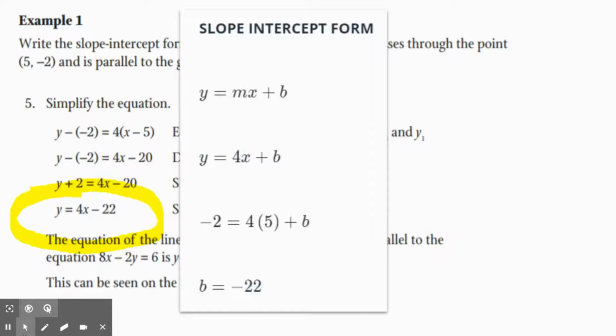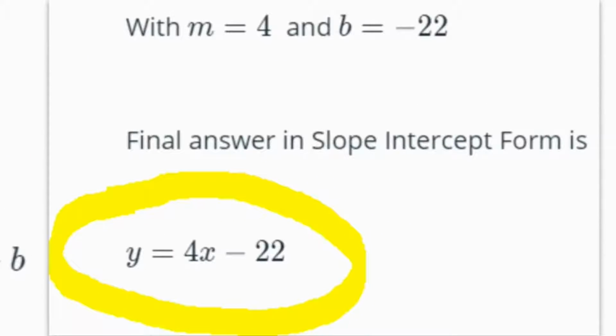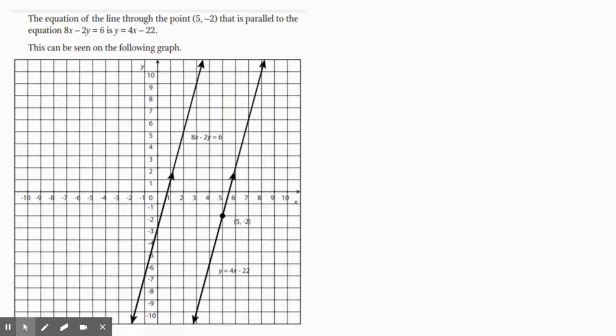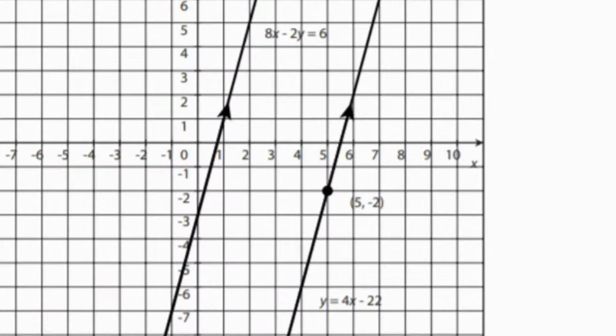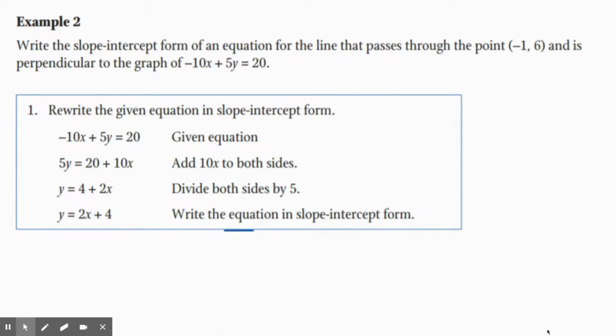So with an intercept of negative 22 and a slope of 4, you can just write the equation y equals 4x minus 22, and you get the same answer as using point-slope form. So that's two different ways you can write this equation. And here's a graph of both the lines, and notice that 4x minus 22 is going through the point (5, -2). Again, parallel lines will have the same slope.